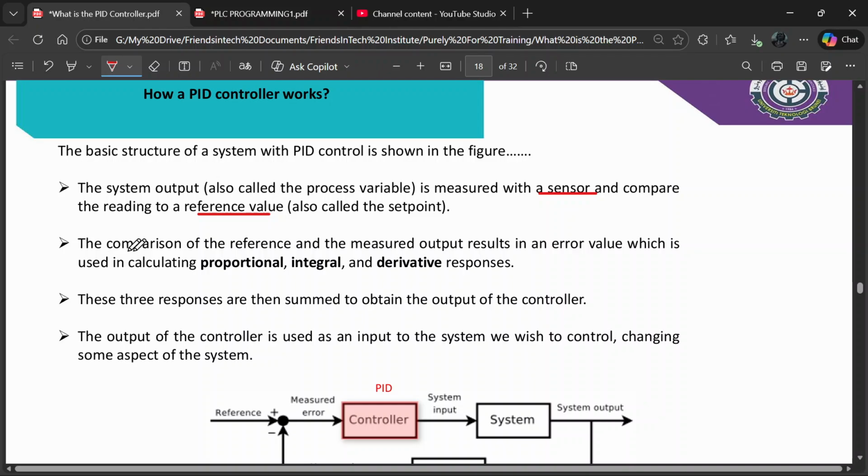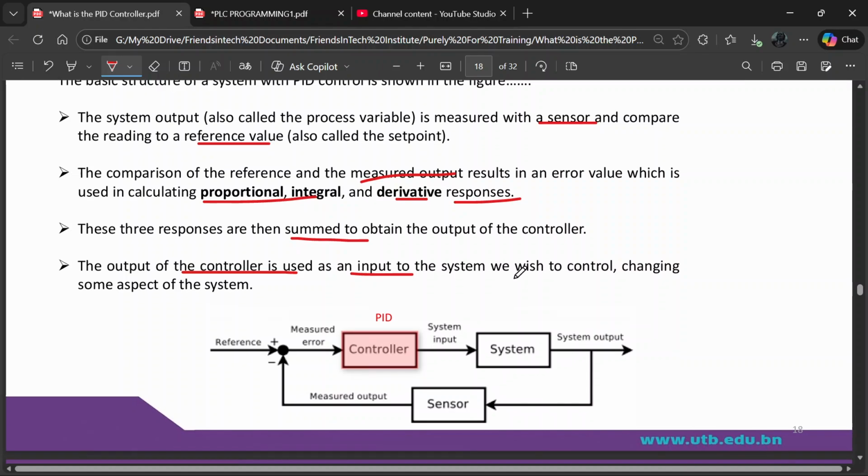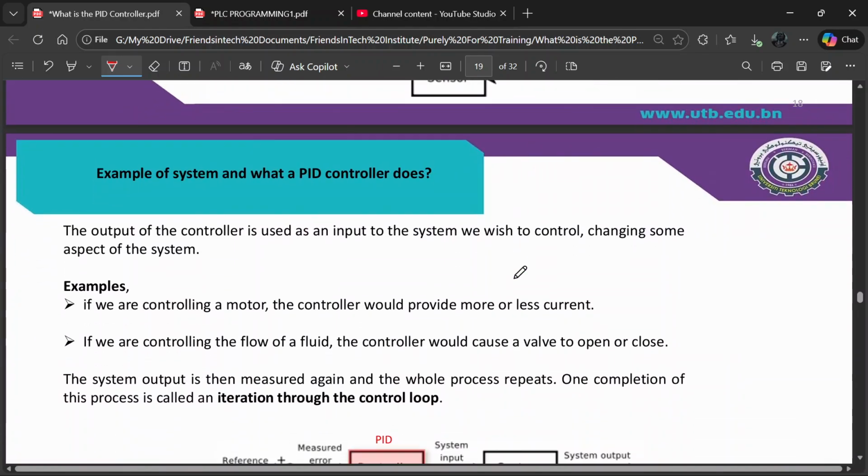The error signal, or the comparison of reference and measured output, is used in calculating proportional, integral, and derivative responses. These three responses are then summed to obtain the output of the controller. The output of the controller is used as an input to the system we wish to control. So basically we feed this to an actuator or something else.